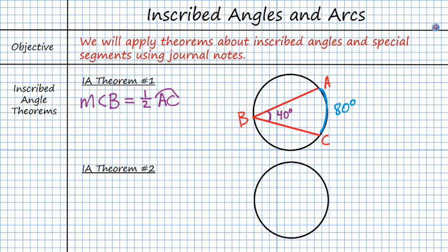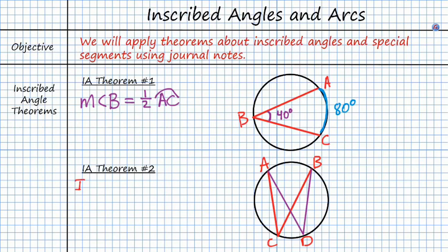My second theorem is going to be about a pair of inscribed angles. So if I have this angle inscribed here, and then I have another angle inscribed here, and we'll call these points A, B, C, and D. All right, and what we learn is that if two inscribed angles intercept the same arc, then those angles are congruent.